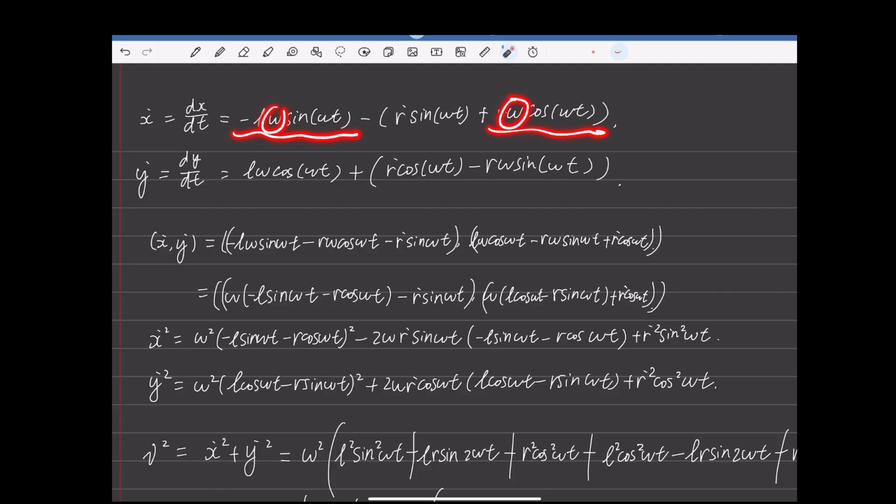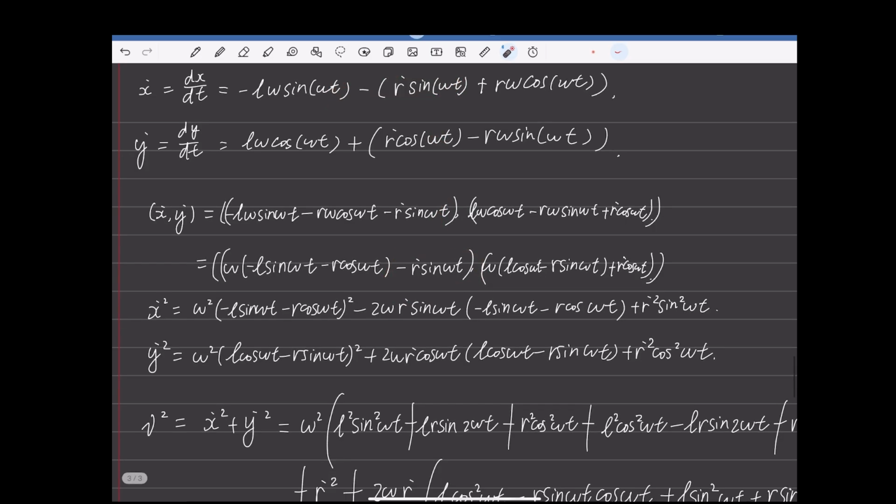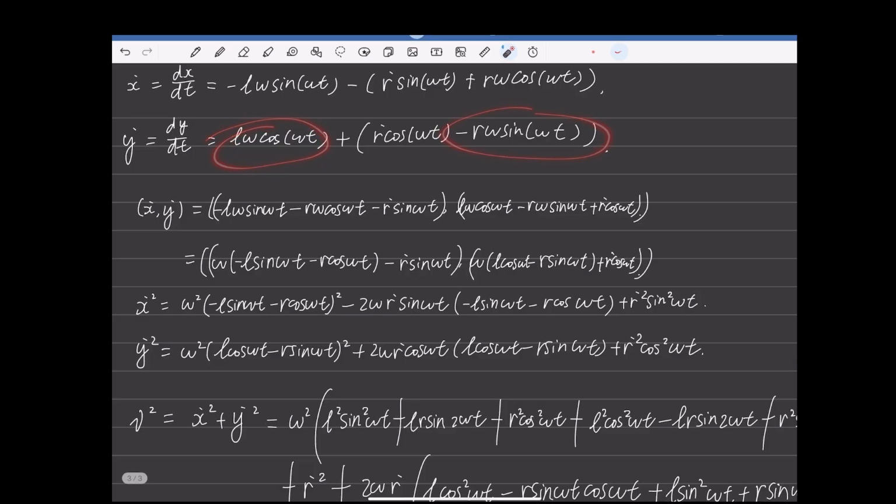They all have omega here, right? So we can factor out an omega, and so we have L sine omega t, and then our cosine omega t corresponding to this, and also this term here. And then for the y, it's basically the same thing. We factor out omega for these two terms, and we don't forget this term here.